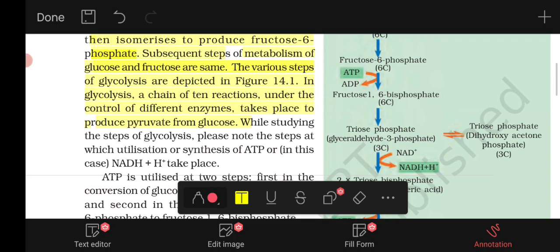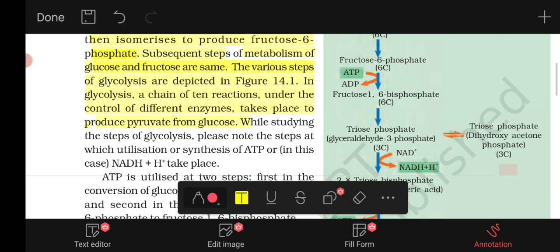Then fructose 1,6 bisphosphate is converted into triose phosphates, that is glyceraldehyde 3-phosphate and dihydroxyacetone phosphate. So these two separate molecules are formed. They are again isomers, interconvertible. So let's take only two molecules of glyceraldehyde 3-phosphate, as given in NCERT.